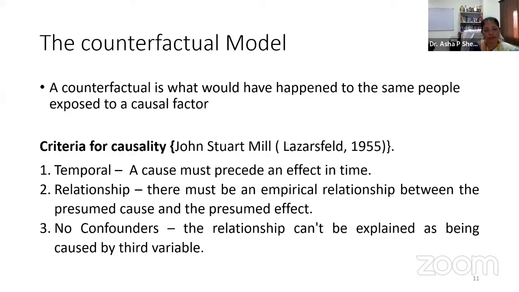There may be a possibility that the relationship between smoking and lung cancer reflects an underlying cause, that means there is a connection to the environment which is leading to lung cancer. That cannot happen if we have to show the effect is only because of the cause, or the treatment or the intervention that we are giving. So these are the criteria for causality that we have to consider: temporal, the relationship, and no confounders.